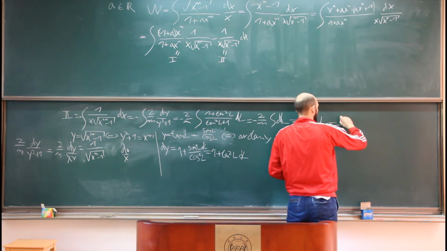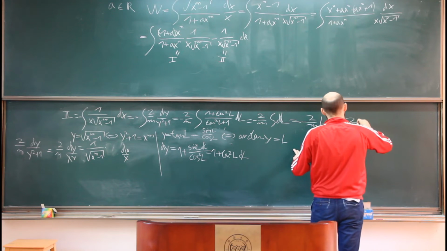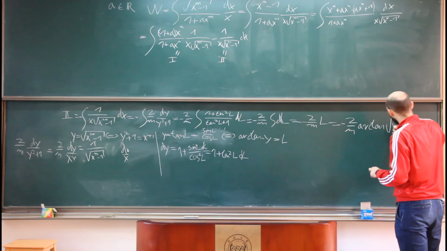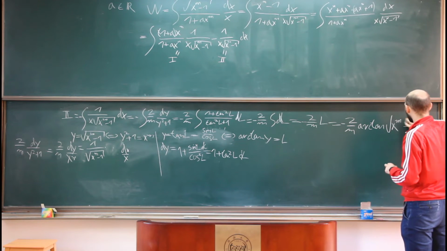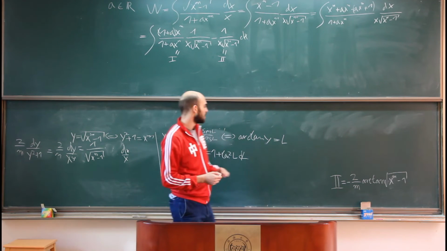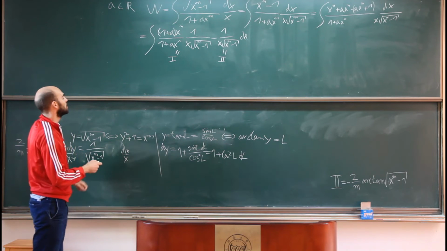So the second integral is equal to 2 over m arctangent of the square root of x to the power of n minus 1. So this second integral is equal to this expression, and now we're going to tackle the first integral.